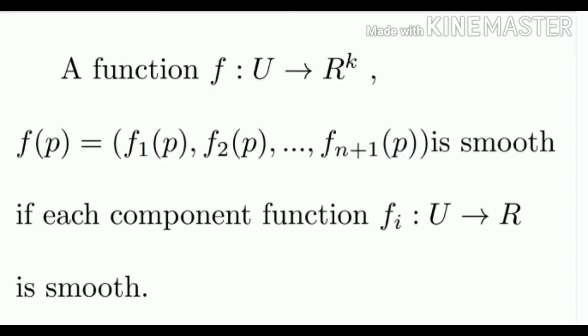And a function f from the open set U to R^k in the form f(p) = (f1(p), f2(p), ..., f_{n+1}(p)) is smooth if each component function f_i from U to R is smooth.